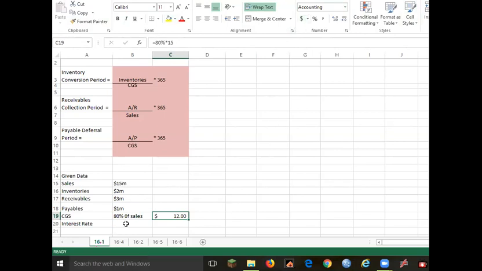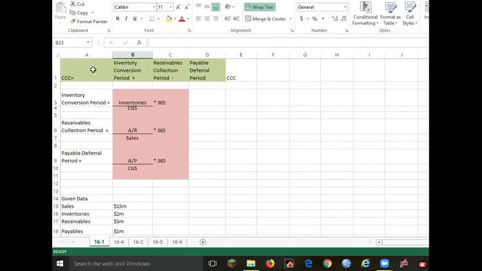Okay, and the interest rate is also given, 8%. Cash conversion cycle is required. So this is the formula of cash conversion cycle. Inventory conversion period: first of all, we have inventories. Inventories are 2 million divided by cost of goods sold.